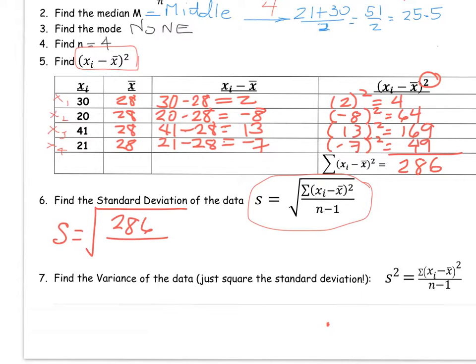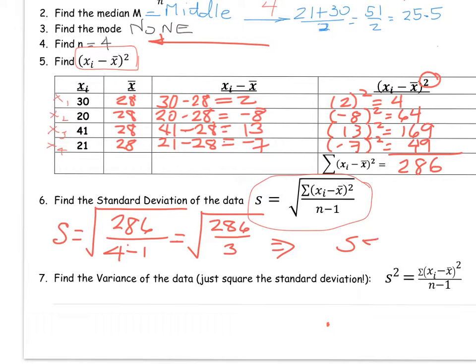Remember, n was 4 from step 4, right over here. So we take 4 minus 1. We're really dividing 286 by 3, and then taking the square root of that answer. When we finish that, you should get that S is equal to 9.76.